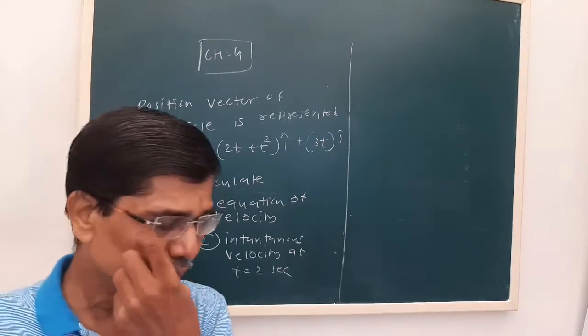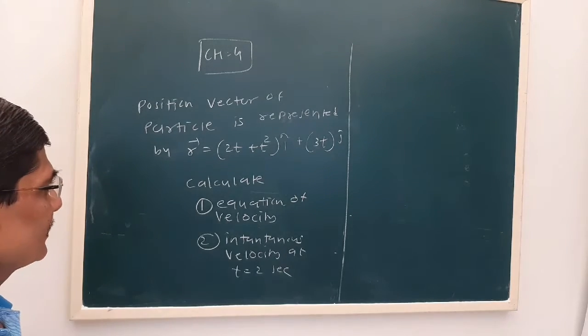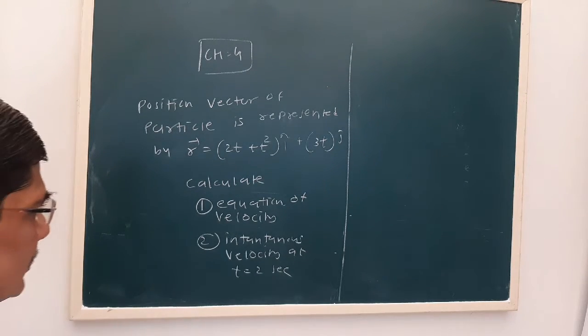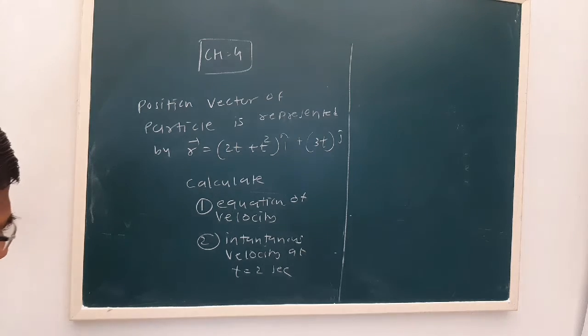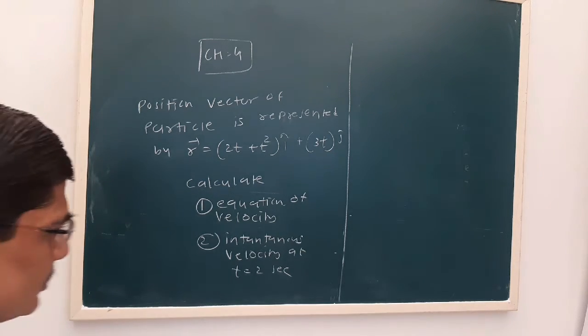The question is divided into two parts: the position vector is given, and we have to calculate the equation of the velocity and the instantaneous velocity at 2 seconds.